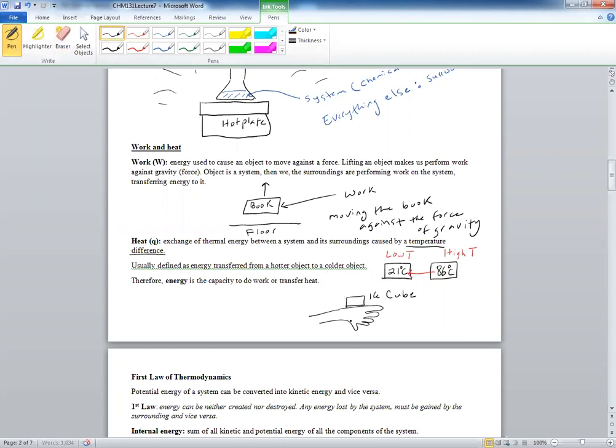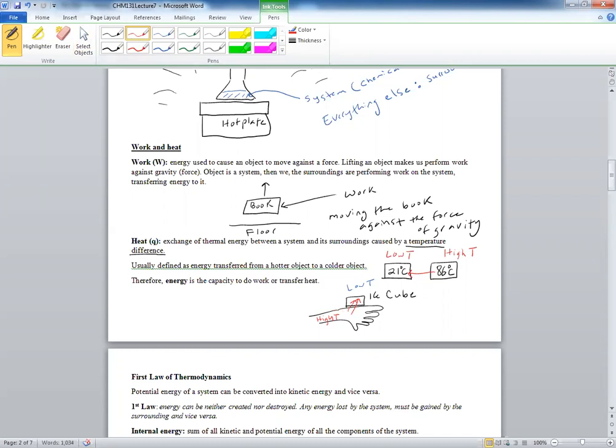So you know that there's going to be an exchange of heat. So you have high temperature on your hand, low temperature on the ice cube. So therefore, there's going to be energy moving from your hand to the ice cube.